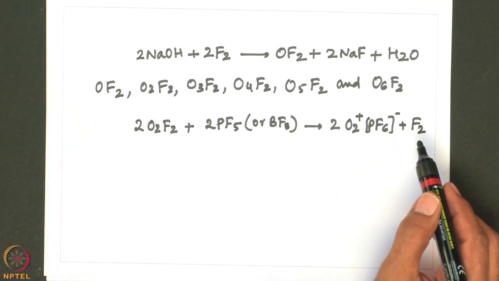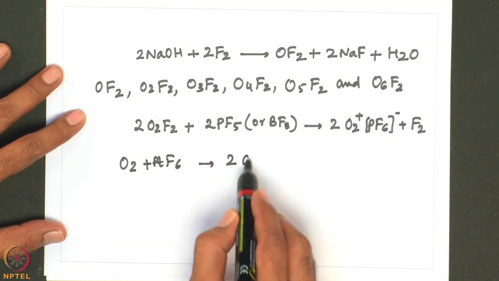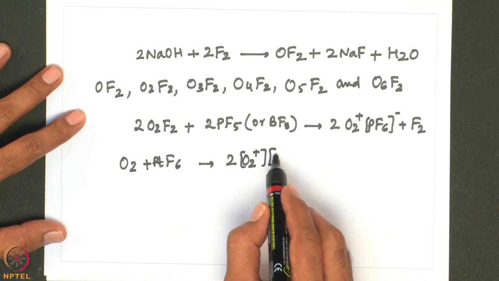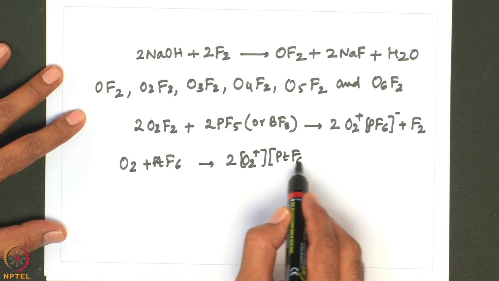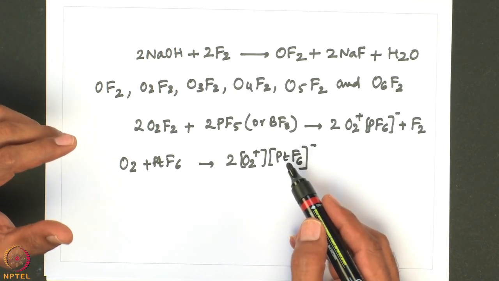So, by direct oxidation of O2 using PtF6, one can prepare O2 plus cation. For example, O2 plus PtF6 gives 2 O2 PtF6. In fact, this reaction led to the isolation of first noble gas compound by Bartlett.